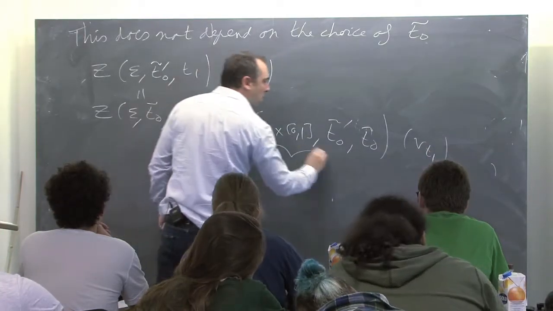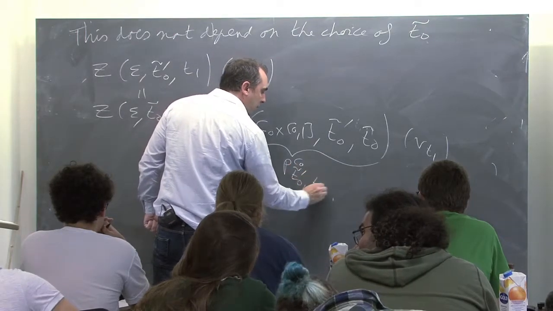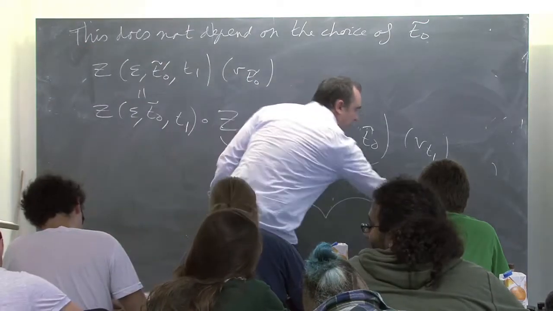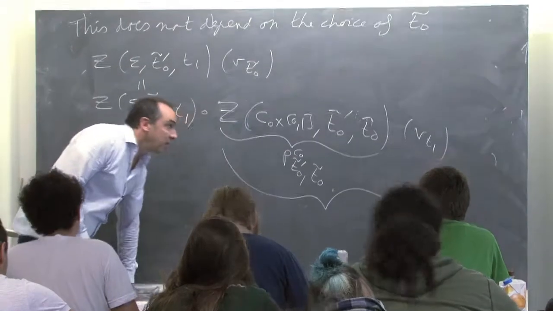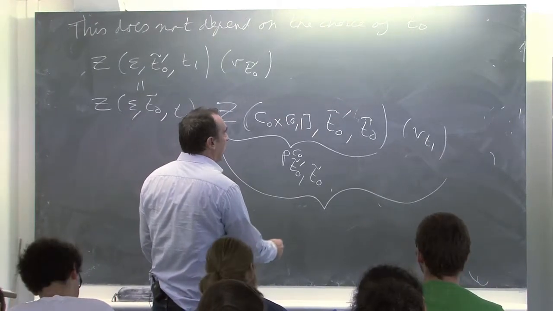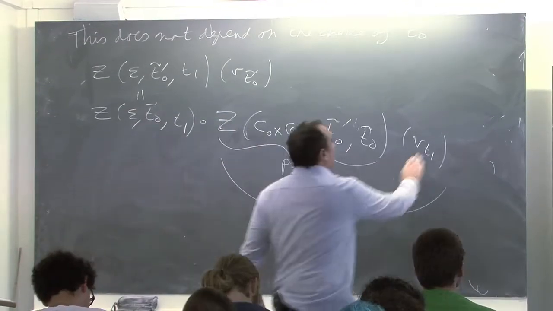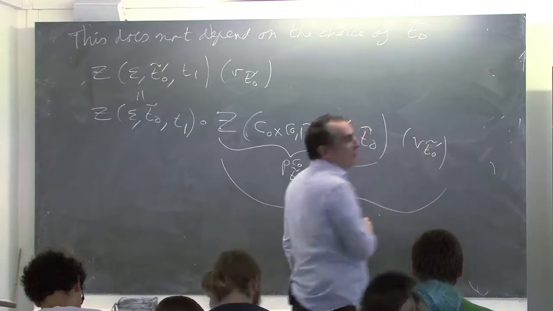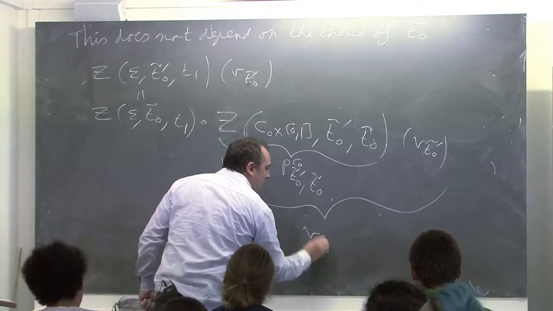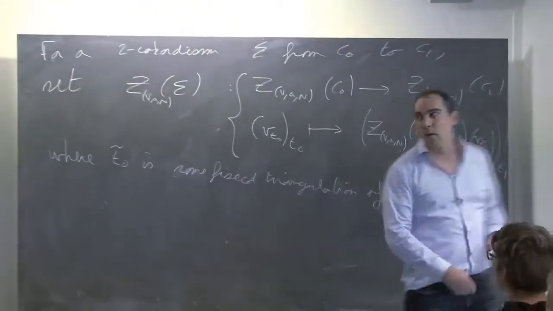So this map is P_{C0,T0 tilde,T0 prime tilde}. Sorry, it is T0 prime, so this is V tilde 0. And you can see that this does not depend on the choice of the fixed triangulation.